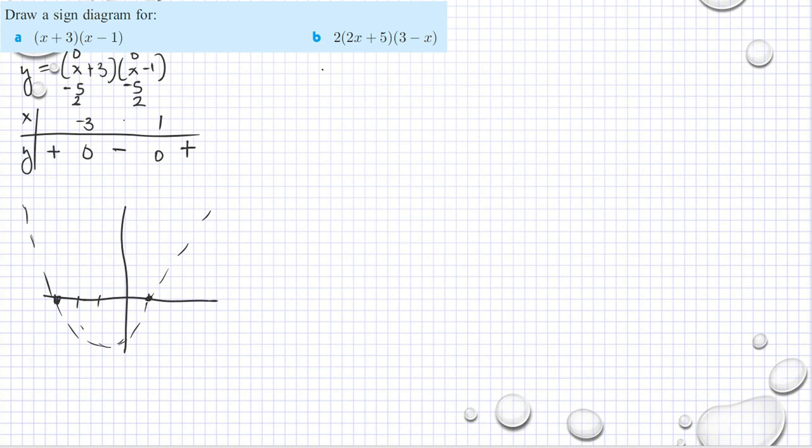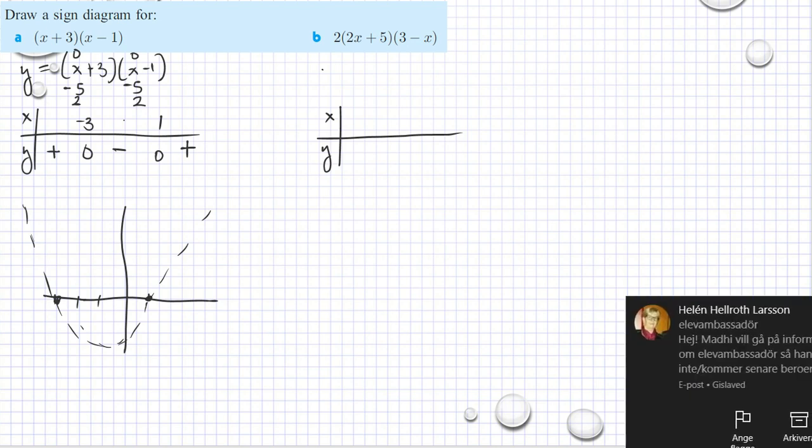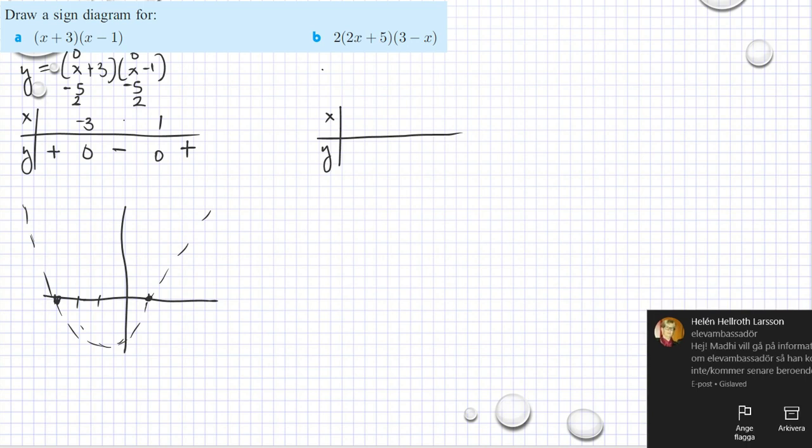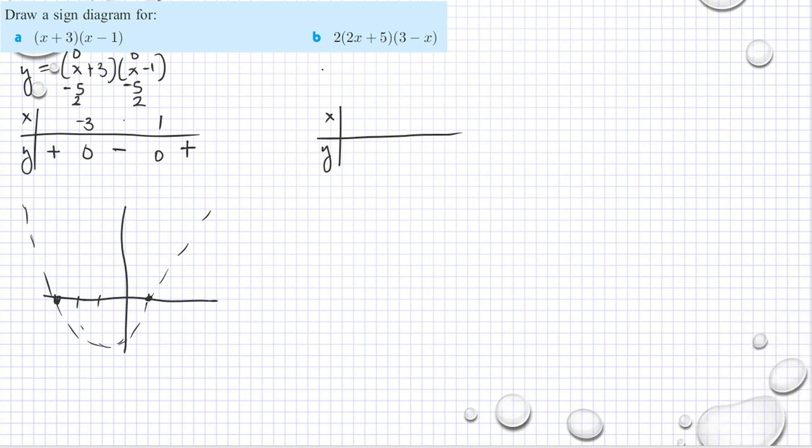We have x and y. Then we have when x is -5 divided by 2, because this will become 0.